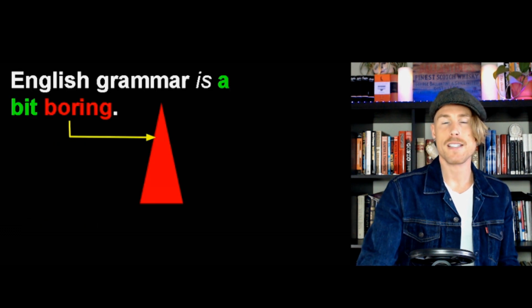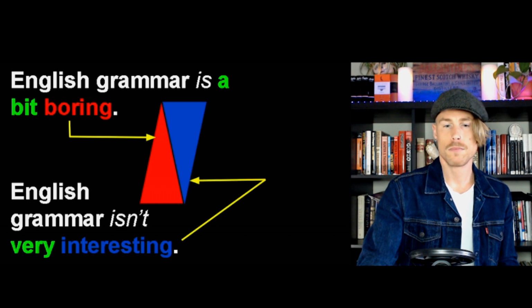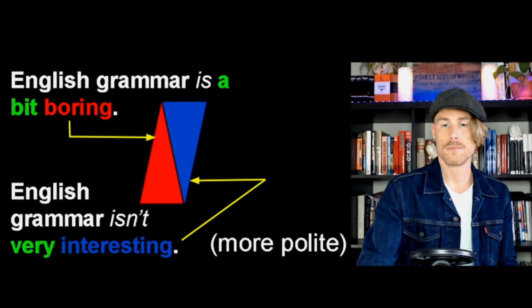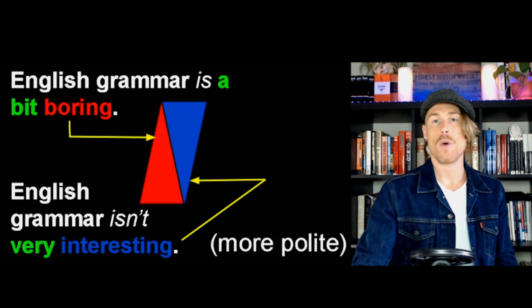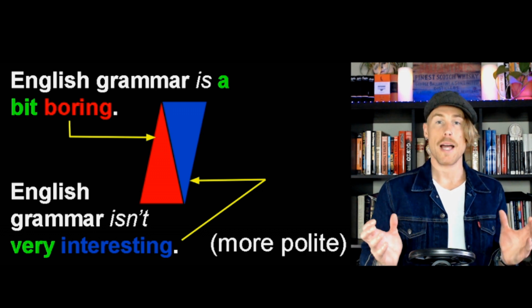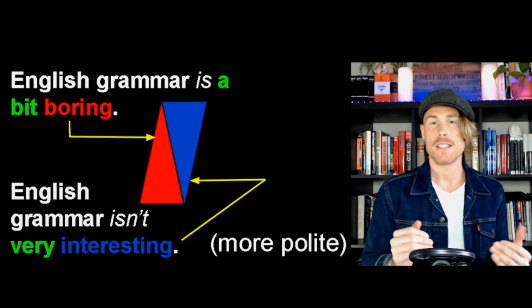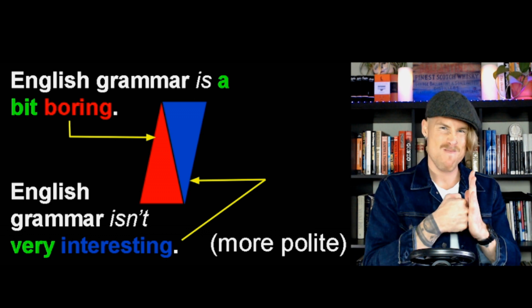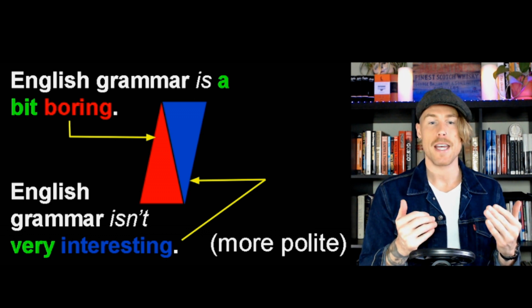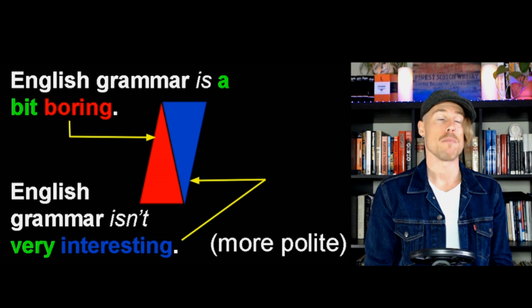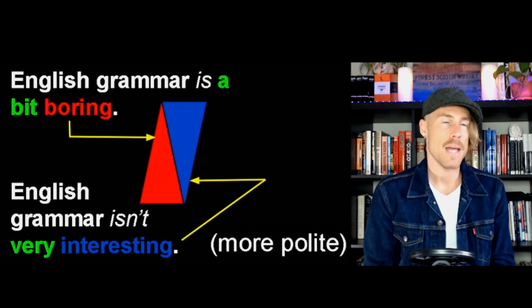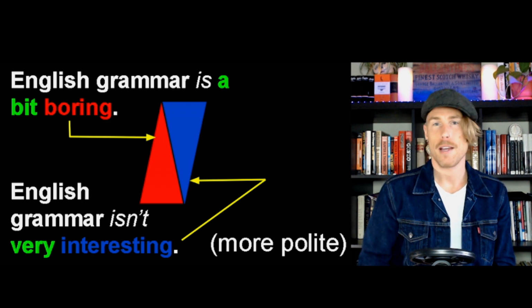English grammar is a bit boring. English grammar isn't very interesting. And the second one is more polite. English grammar isn't very interesting, is less powerful than saying English grammar is a bit boring. It's maybe rude, a bit.